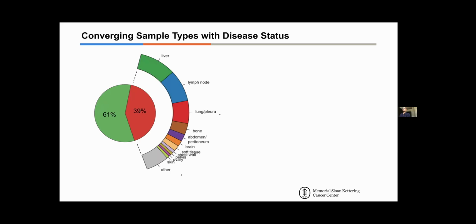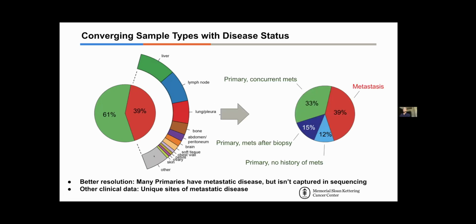Right, so then going back to converging disease status given the clinical data mining pipeline. We have this here, but now if you've aggregated all of that clinical data and figured out, did the patient have metastatic cancer at the time of surgery for the impact sampling, this is what comes up.